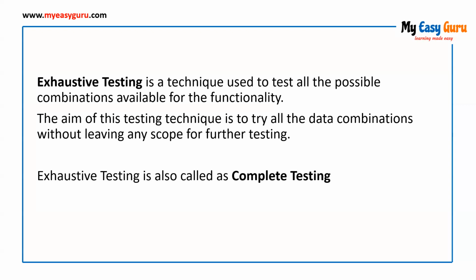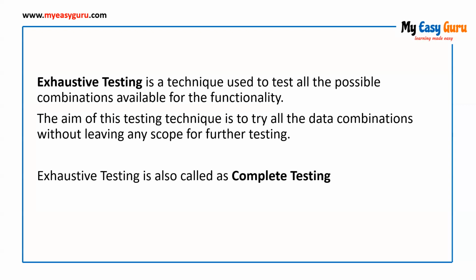So let's understand what is exhaustive testing. Exhaustive testing is one kind of test approach. In other words, we can define that exhaustive testing is testing the application as a whole and covering every possible scenario.